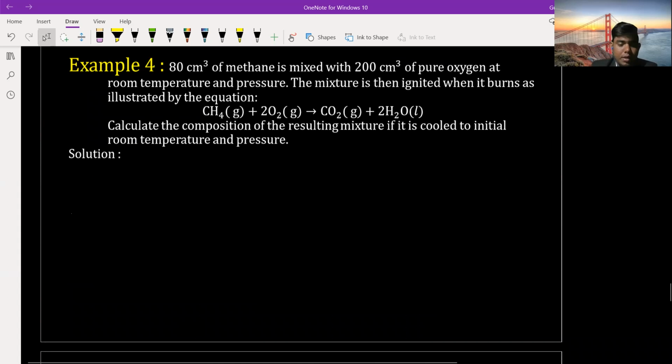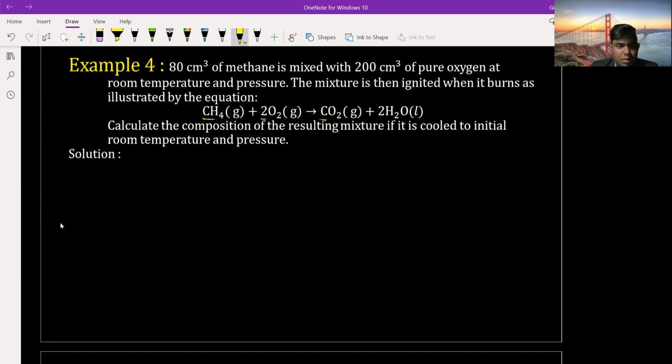Okay, so we know that in the above equation, one volume of CH4 plus 2 volume of O2 gives 1 volume of CO2.